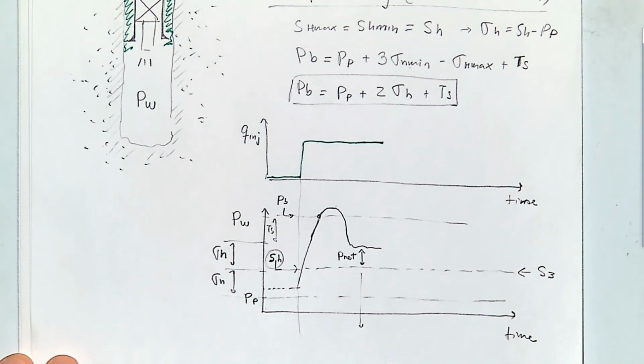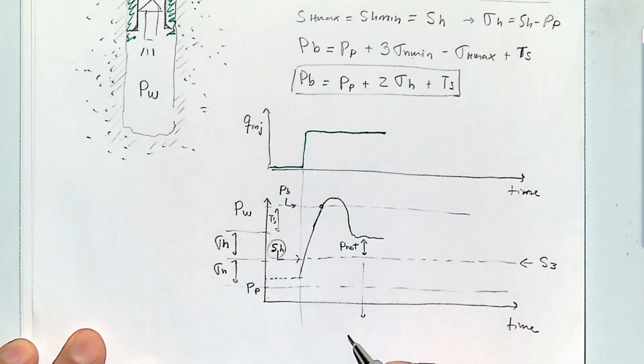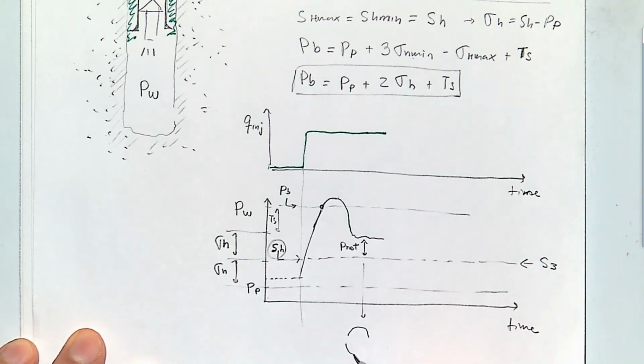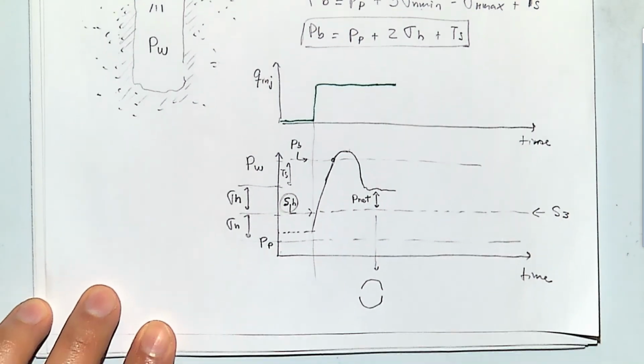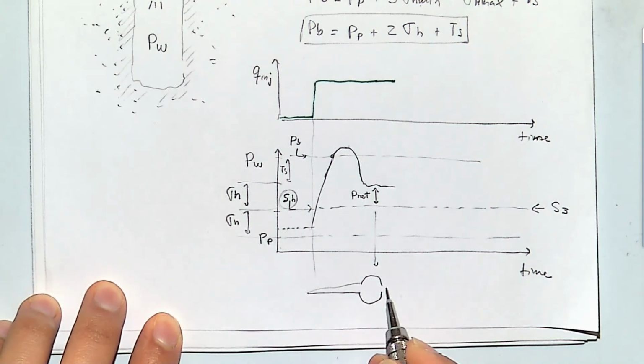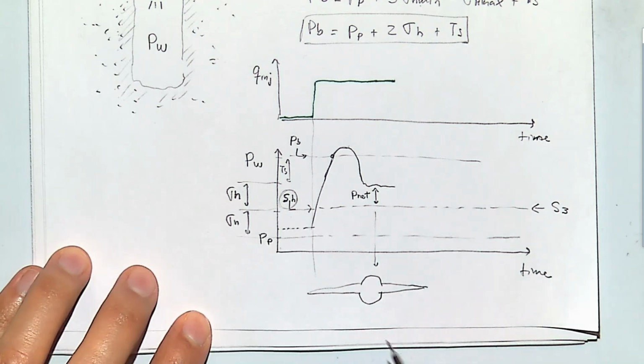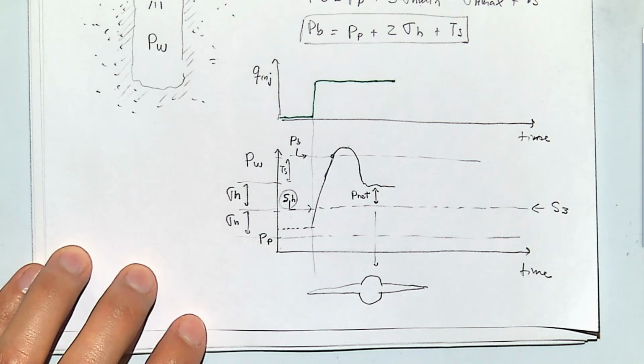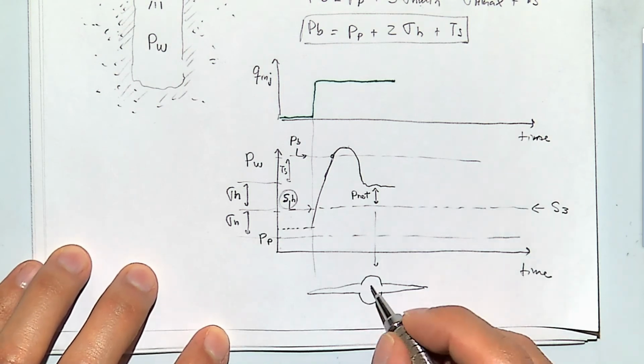At this point over here, if we had a wellbore like this one, now this wellbore has a fracture, and we're making a cross section in the open hole section of it.